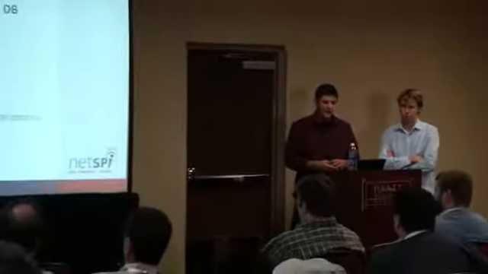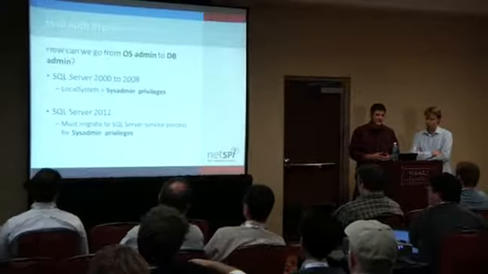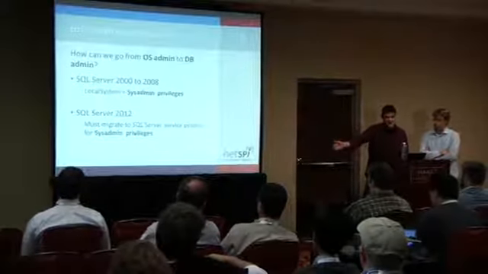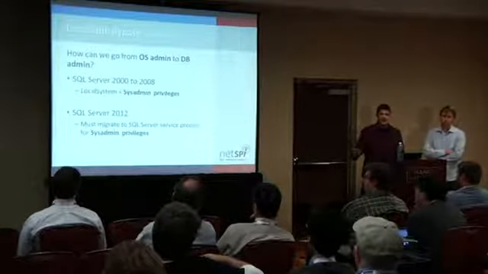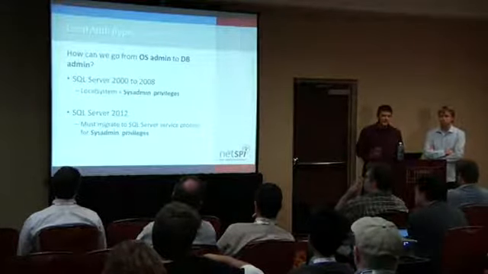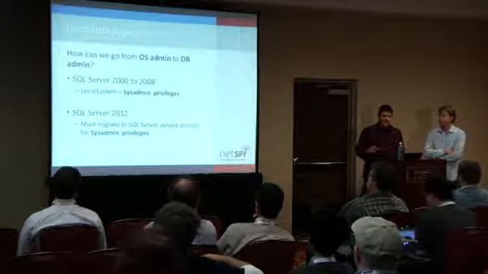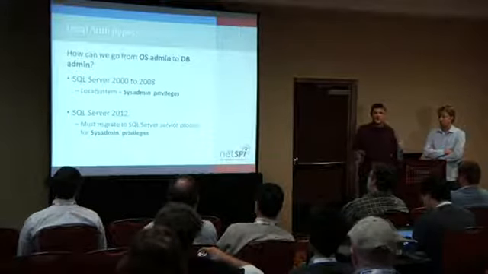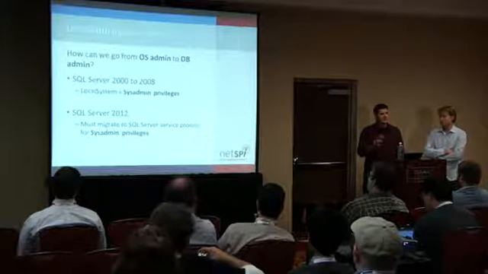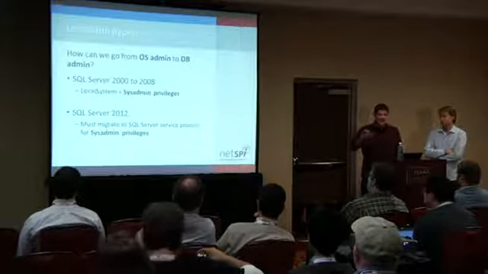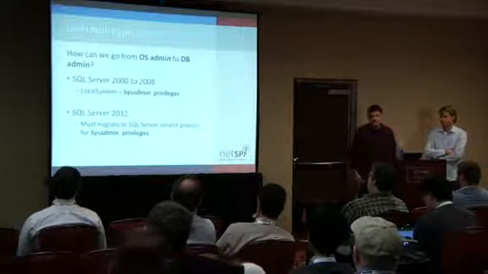So if I'm a server admin on a server running SQL Server up to SQL Server 2008, if I can drop down into a system shell, I now automatically have the rights to take actions in SQL Server as a sysadmin, because local system, for patch management reasons actually, was added as a sysadmin by default, kind of out of the box.